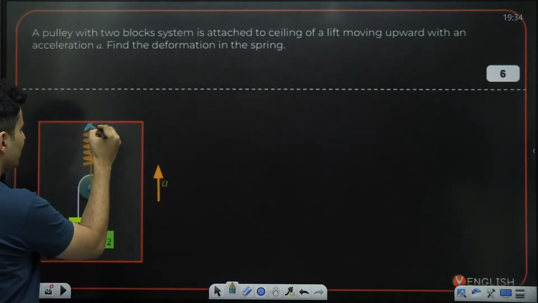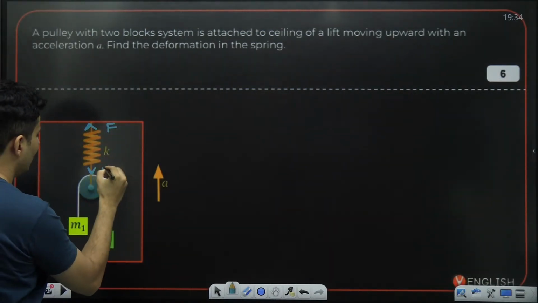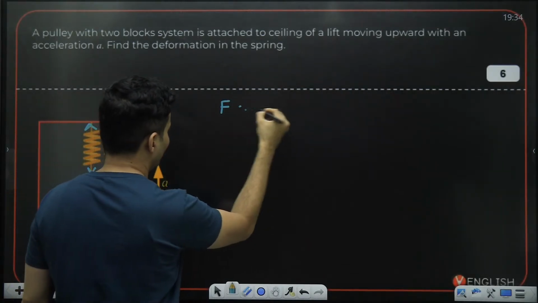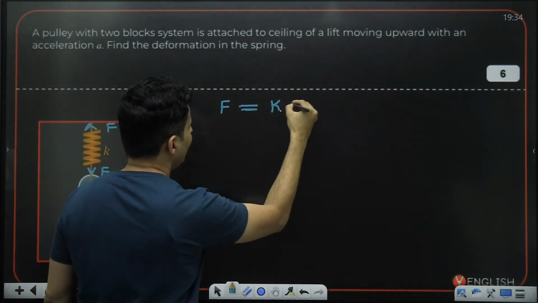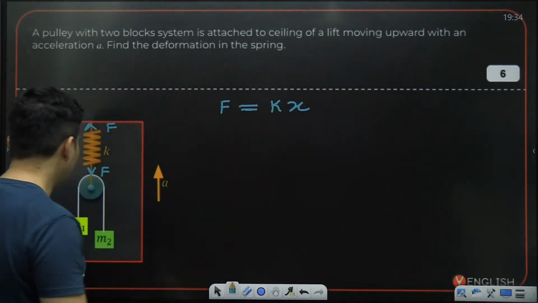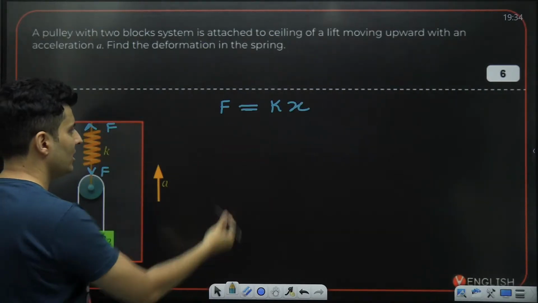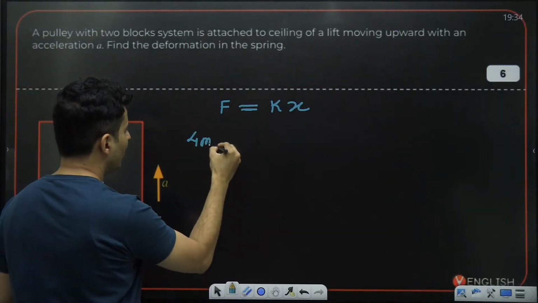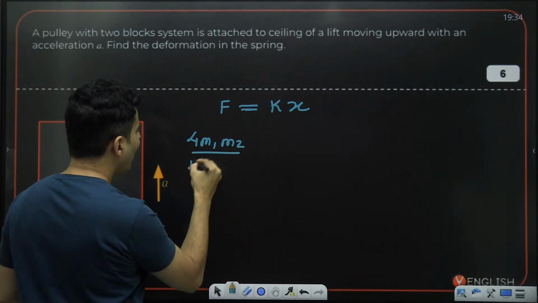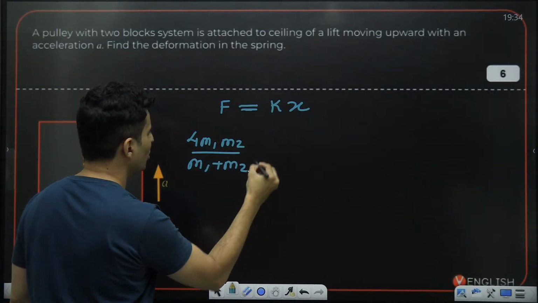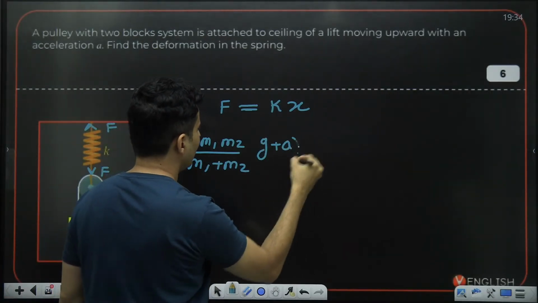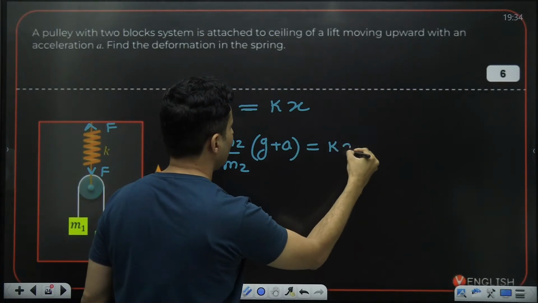The spring is experiencing some spring force. So whatever that spring force is will be kx. So just put the value of the force, 4m1m2 by (m1 plus m2), into (g plus a) equal to kx.